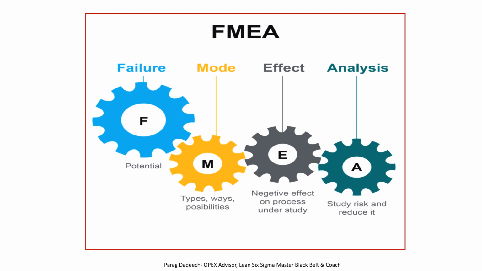FMEA is an engineering reliability tool that provides a mental discipline when critiquing what might go wrong with the product or process. FMEA helps define, identify, prioritize, and eliminate the known or potential failure modes of the system, design, or manufacturing process before they reach the end customer.